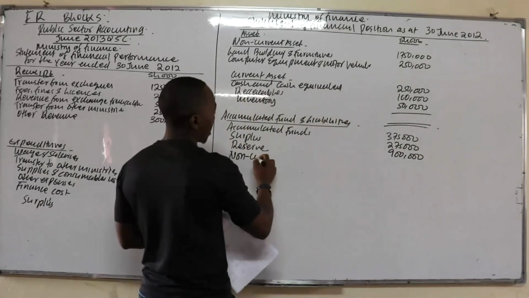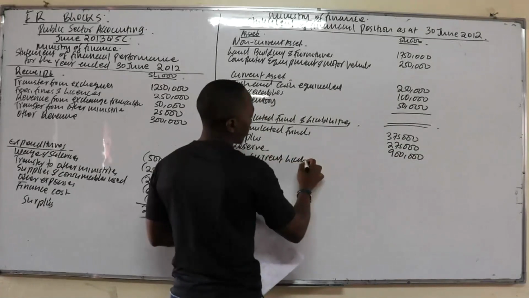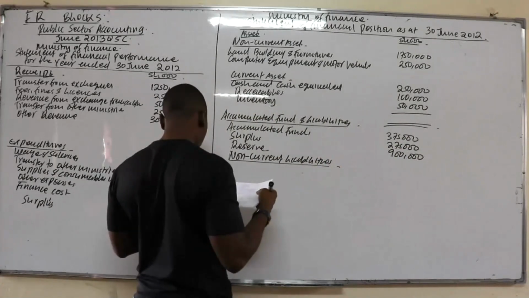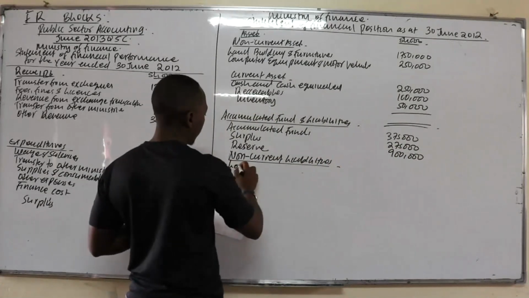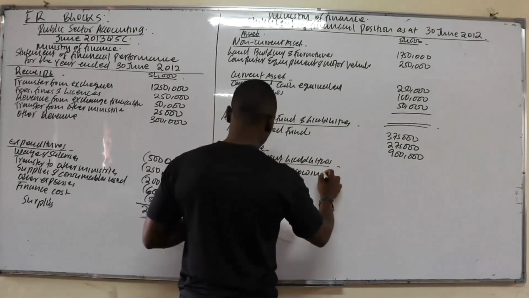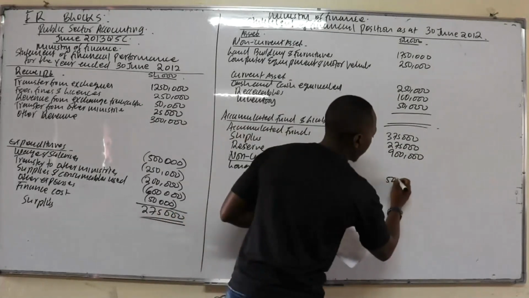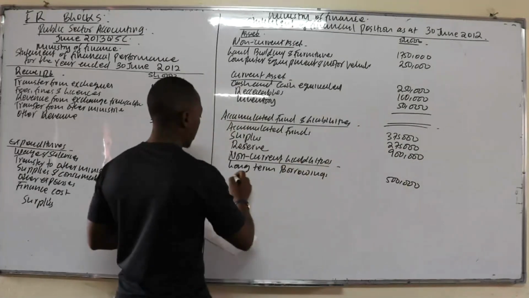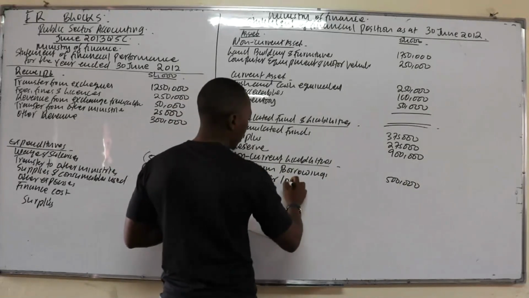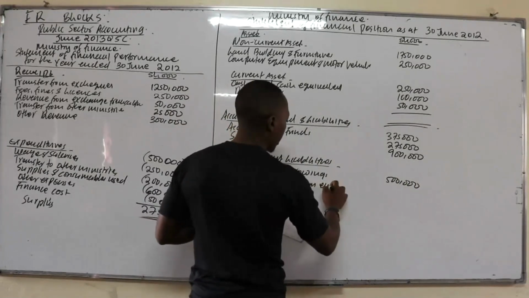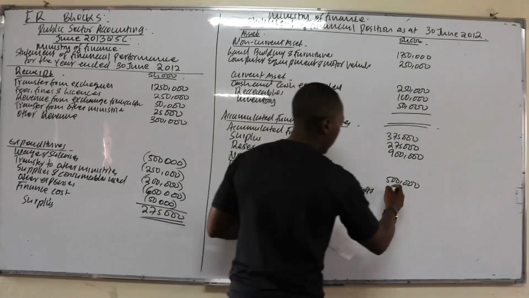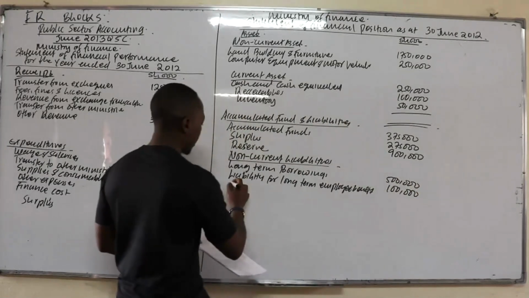Then we go to the non-current liabilities. For the non-current liabilities, we have long-term borrowings, amount of 500,000. Liability for long-term employee benefits. Then we go to the current liabilities.